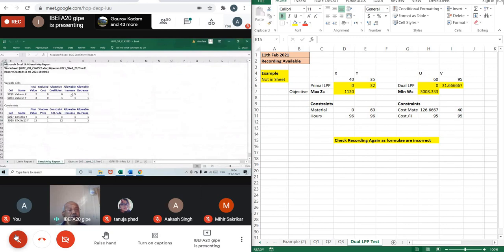It explains to you. In that, allowable increase can be 1 unit. Allowable decrease can be 1 unit. That means no possibility of change. But for milk, allowable increase can be 3. Decrease can be 2.